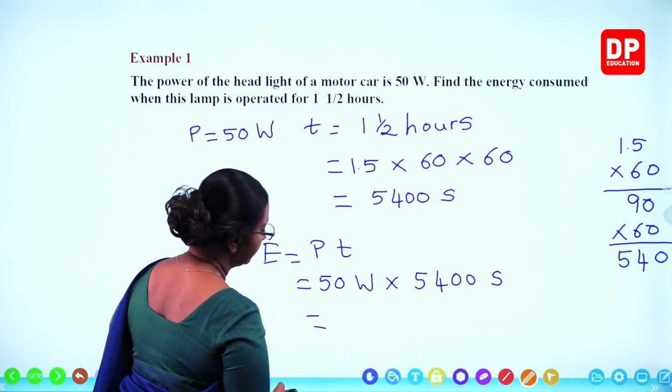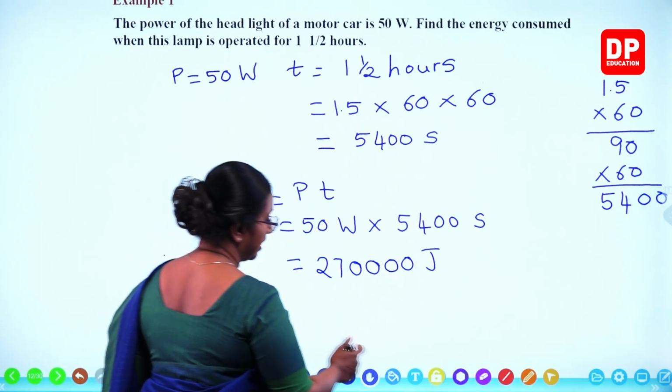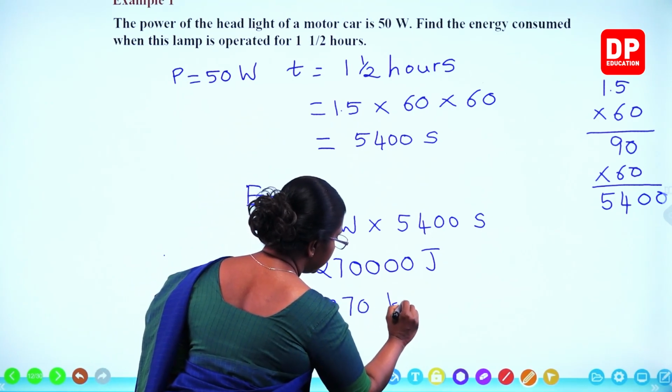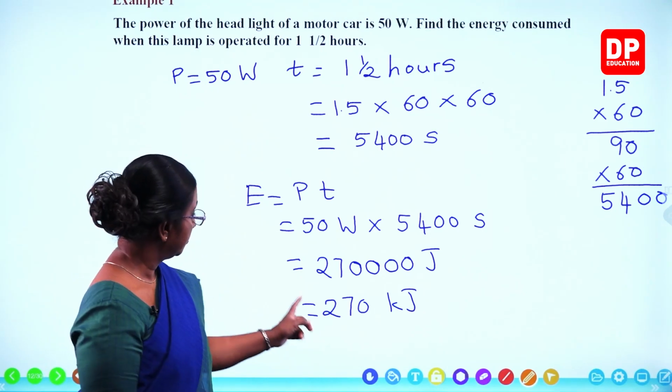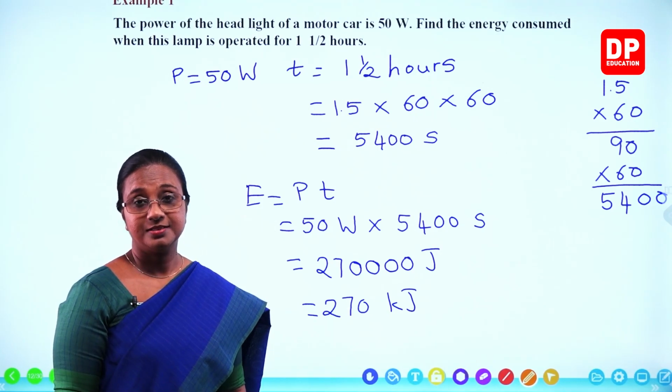You get 3 zeros, then 5 into 4, 20, 5 into 5, 25, 27. So 270,000 joules, or else you can write it as 270 kilojoules of electric energy is consumed. Is that okay, students?